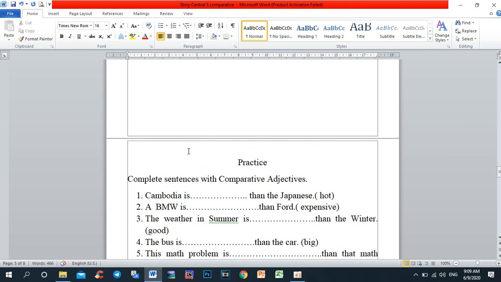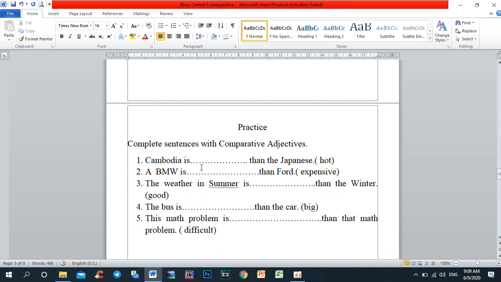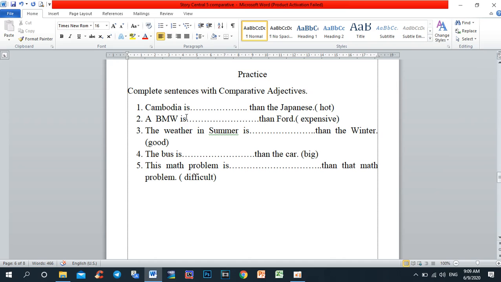Okay, now look at the practice exercise altogether. Complete sentences with comparative adjective. So the teacher gives you the adjective already at the end of the sentence, like hot, expensive, good, big, and difficult. Okay, so look at number 1 altogether. Cambodia is, then Japan.